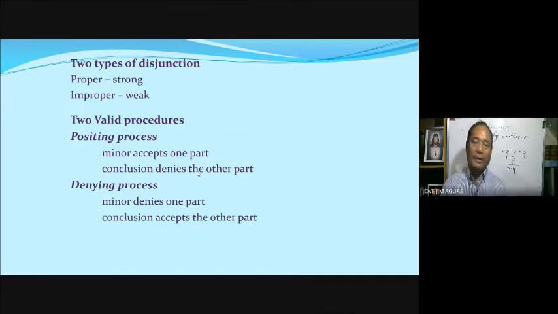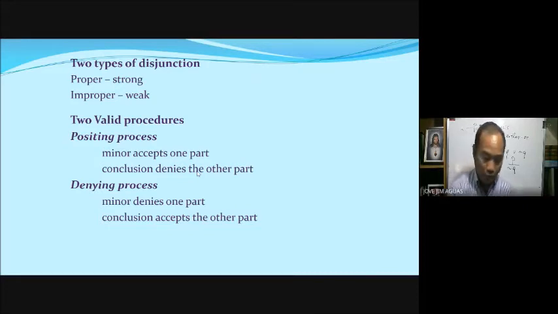If it denies the P, the conclusion will accept the Q. If the minor denies the Q, then the conclusion will accept the P. Accepting or affirming means we don't change the quality. If it's affirmative, it remains affirmative. If we deny, then we change the quality of the statement. If it is negative, it becomes affirmative. If it is affirmative, it becomes negative. That's denying or rejecting.